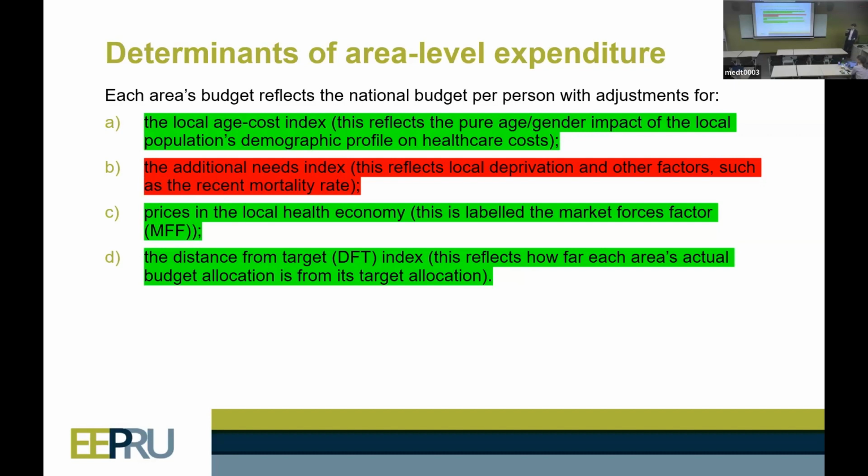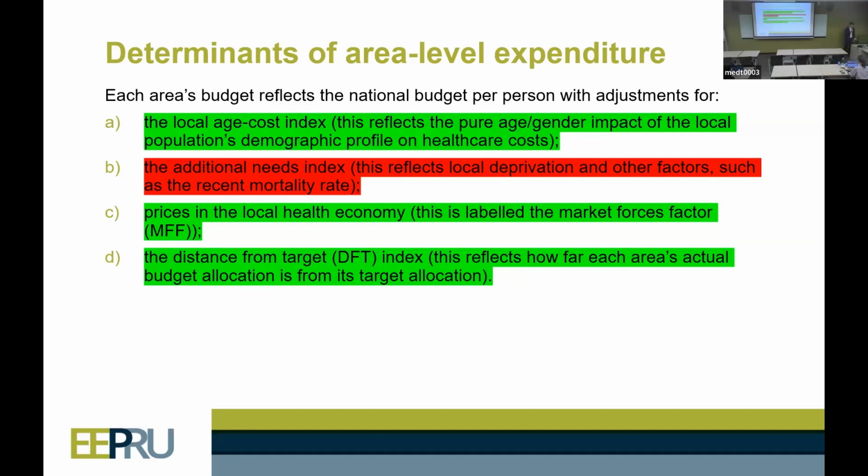The first one I'll talk about is the distance from target index. It's a result of a series of policy choices over time. It's not obviously related to mortality, and it's not going to be obviously related to unobserved confounders either. So that's quite a good candidate instrumental variable, particularly if we condition on various confounders in our analysis as well.